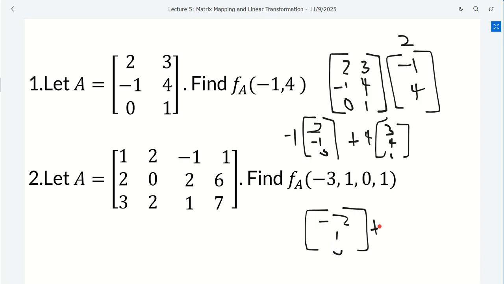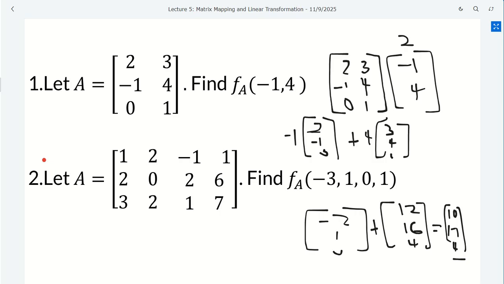Then plus, we have 12 here, 16 here, and a 4 here. If you sum the two, you end up getting 10, 17, then 4. I believe I'm correct, right? So here, this matrix has transformed our vector into a new image.